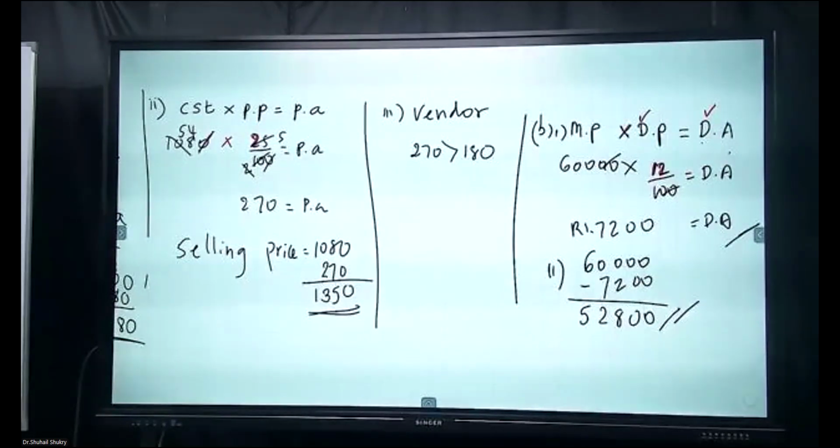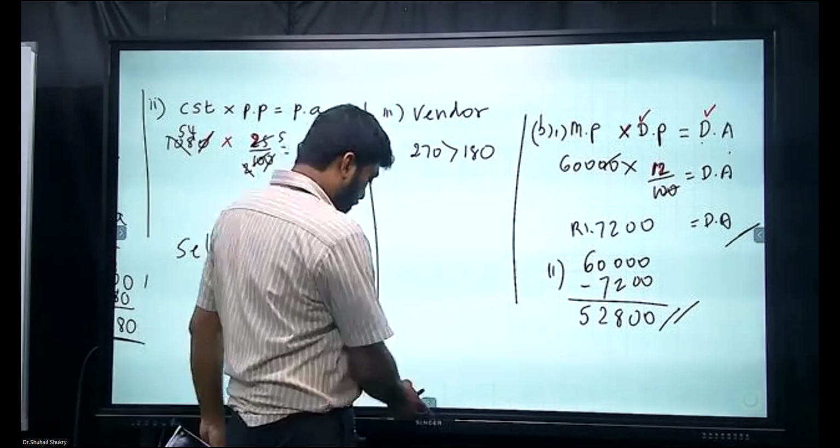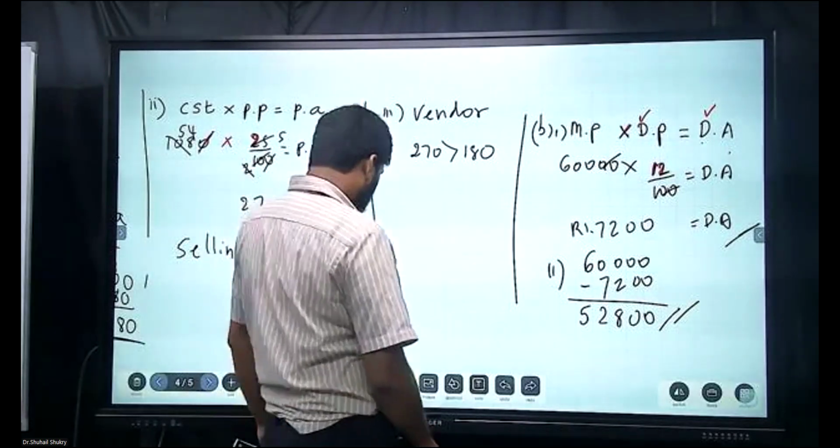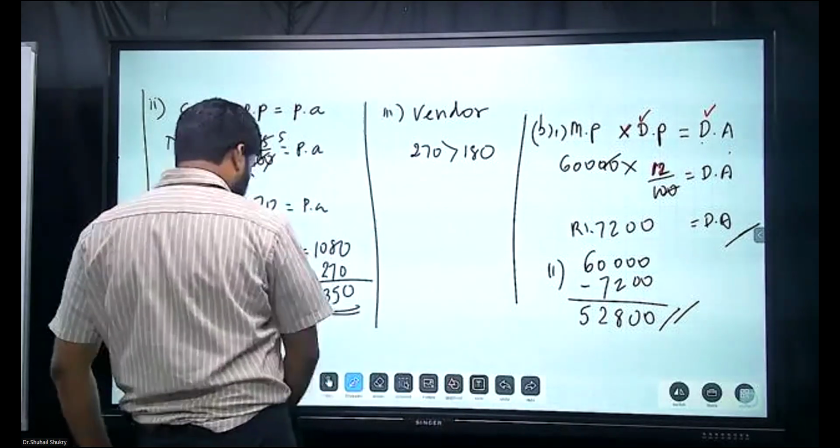Now we'll discuss this. Production. So in this, you can see 440 students like maths.